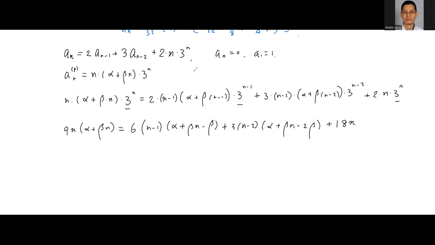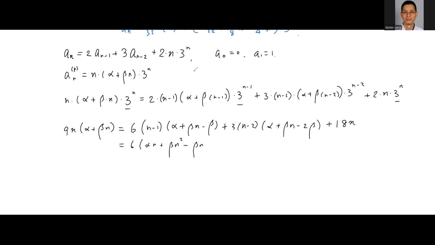Okay. So let me expand a little bit further. Let's do alpha n plus beta n squared minus beta n.